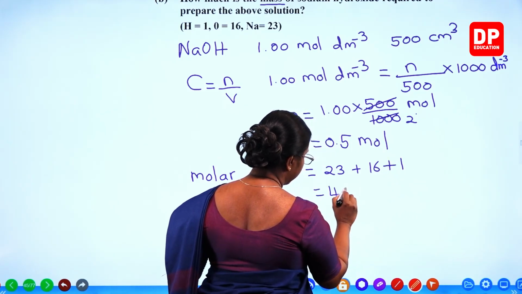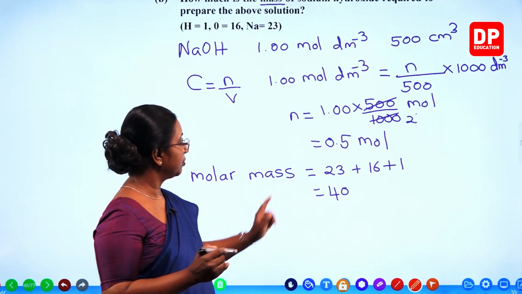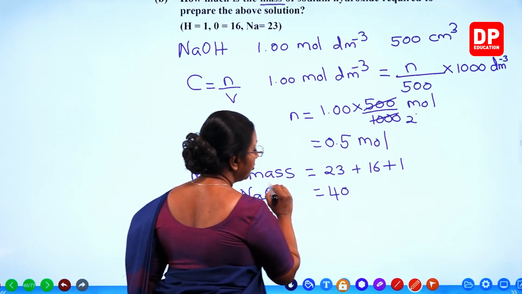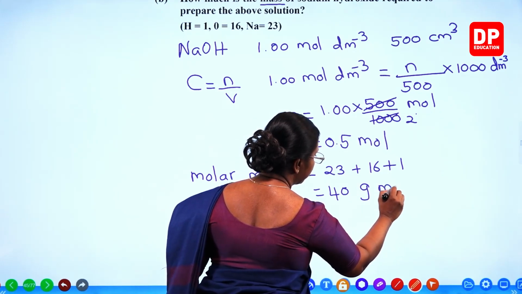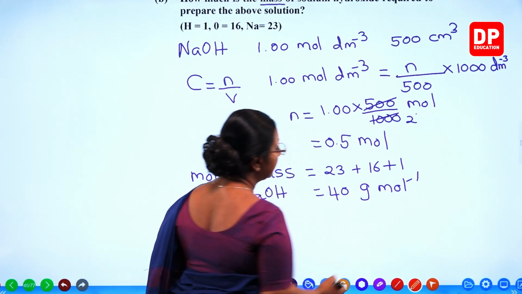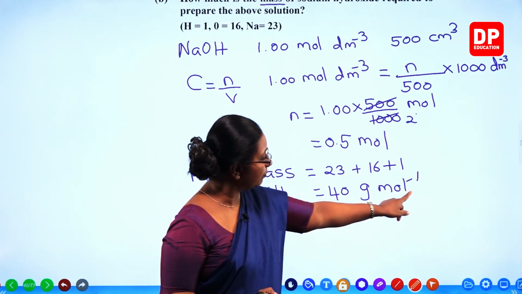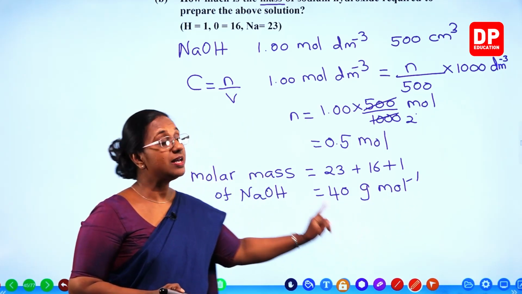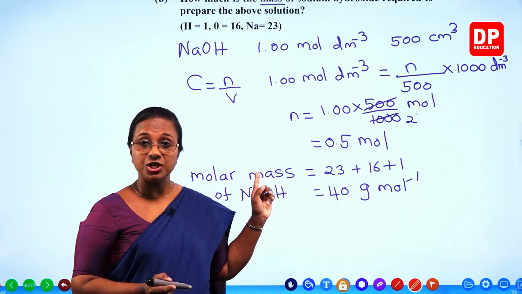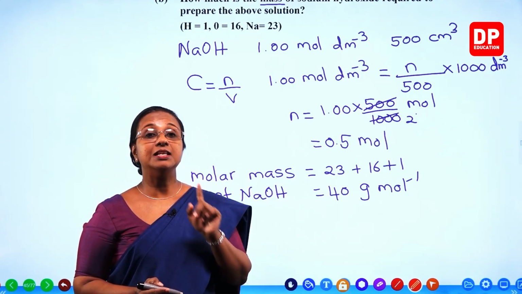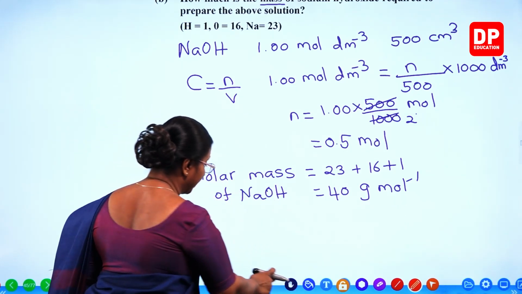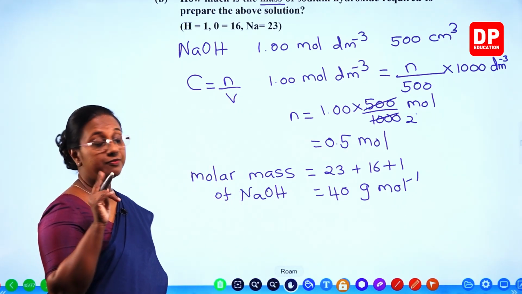That is 40. But since I have written molar mass of sodium hydroxide, molar mass has the unit grams per mole. You calculate the relative molecular mass, and when you put the unit grams per mole, you get the molar mass. When you substitute molar mass in the equation, you will get the mass in grams. That is why we use molar mass. You can remember that: mass of 1 mole of substance.